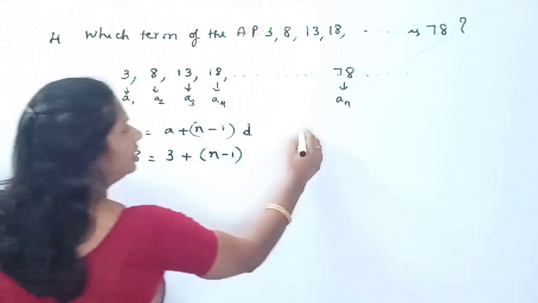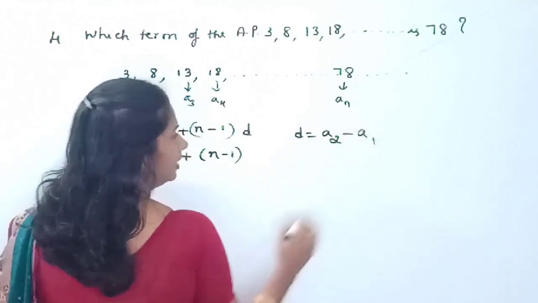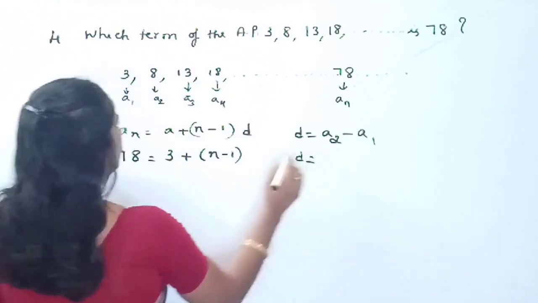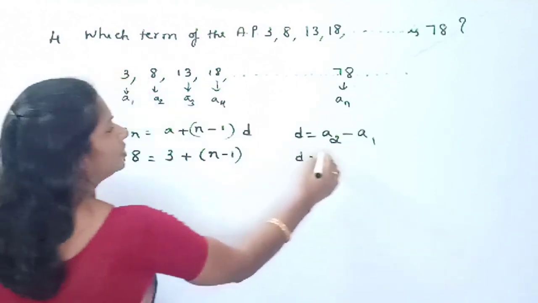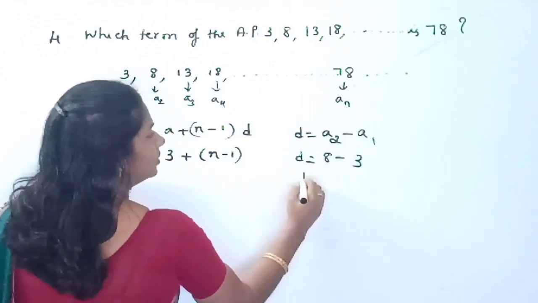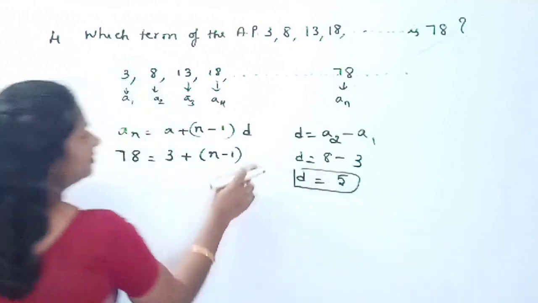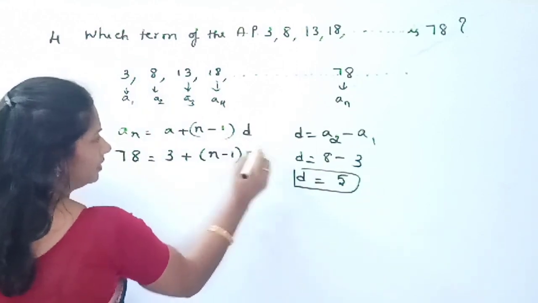How will you find the common difference, children? D is equal to A2 minus A1. So D equal to second term 8 minus A1 value 3. So D value, common difference, is 5.